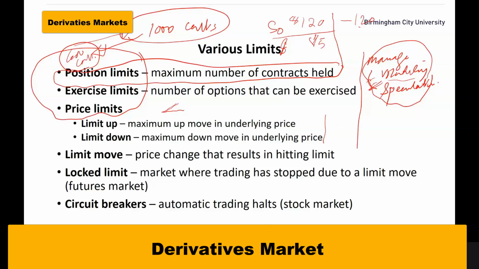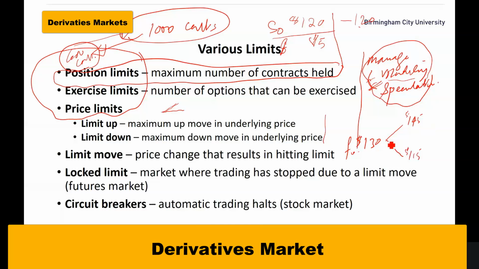Now, for example, let's suppose the Apple price in the futures contract is 130. This is the futures price today at the start, and the limit up is set at $145 and the limit down at $115.